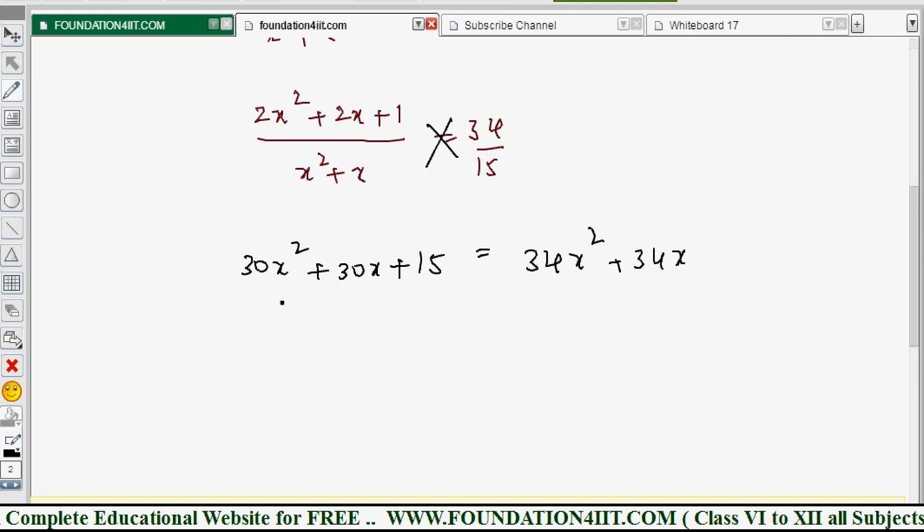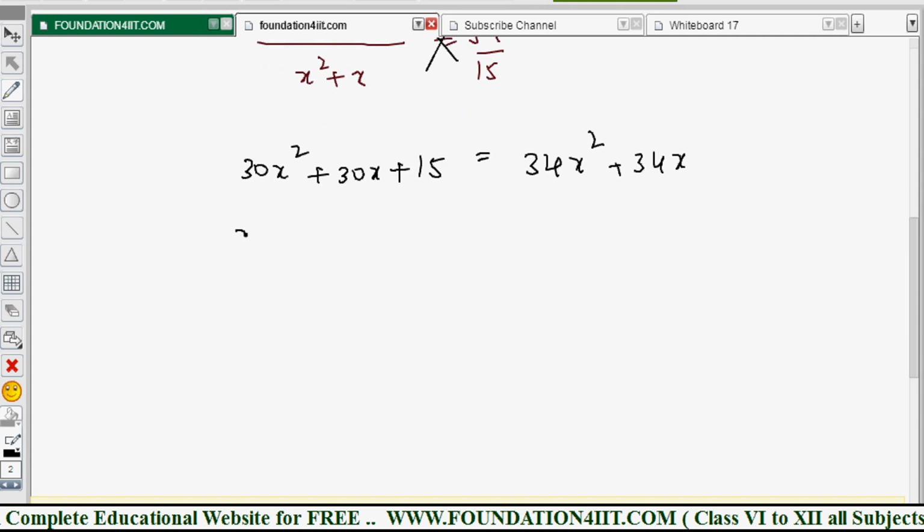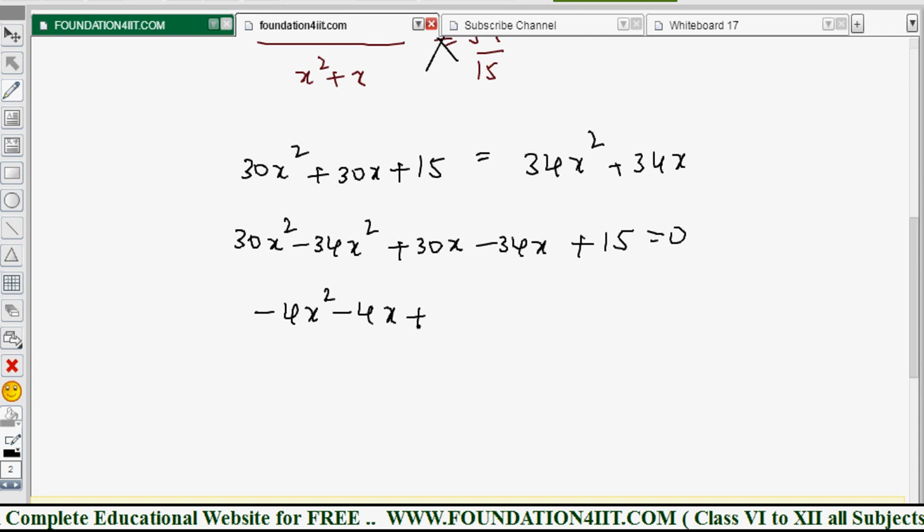Take all the terms to the left side. Then 30x square minus 34x square, plus 30x is on the left side already, and minus 34x, plus 15, is equal to 0. Now this is minus 4x square minus 4x plus 15 is equal to 0.